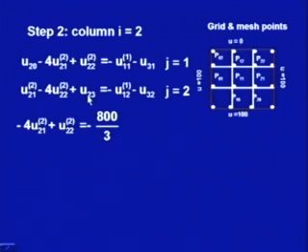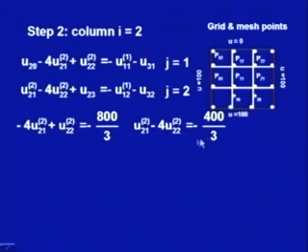Similarly, if I move to u23 and u32, u23 is the point which is 100 and u32 is the point which is 0. So we would get minus 100 and the first approximation for u21 is 100 by 3. So we get the second equation as u21 minus 4 u22 is equal to minus 400 by 3.